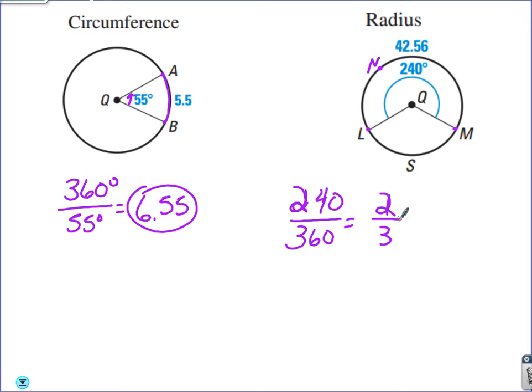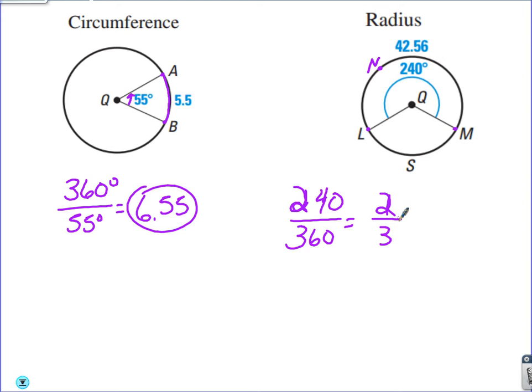So if that's 2/3 of the circle, here's my thought process. I know I work things differently than a lot of people do. Take half of 42.56. Why would I half that? When you take half of that, now that represents one piece, 1/3.